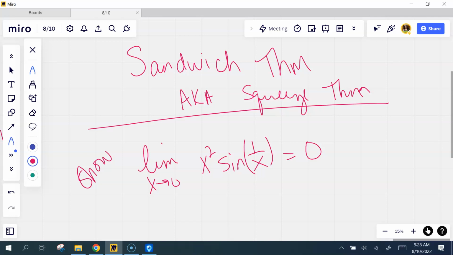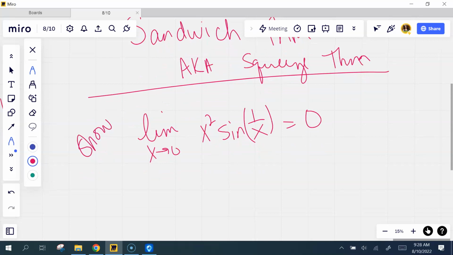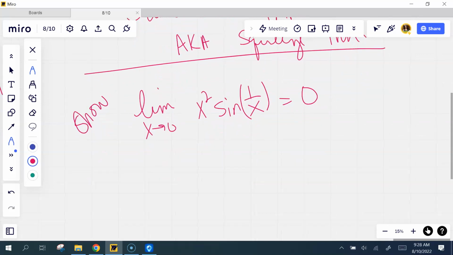I know that any sine value falls between what? -1 and 1. They're always going to be between -1 and 1, right? Think about that unit circle. You're never going to get a sine value bigger than 1 or less than -1. Do you agree or disagree? Please say you agree.